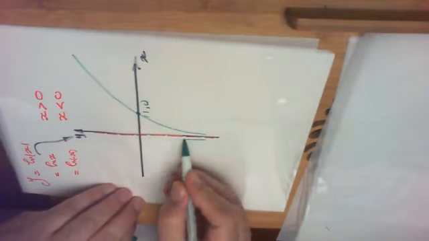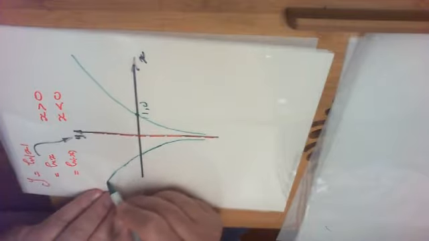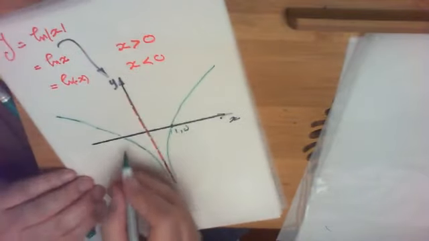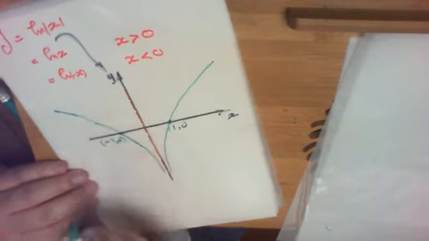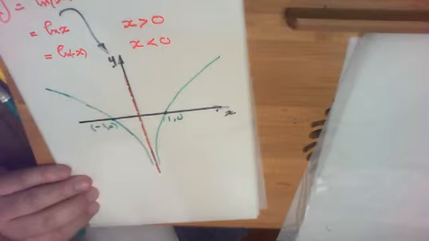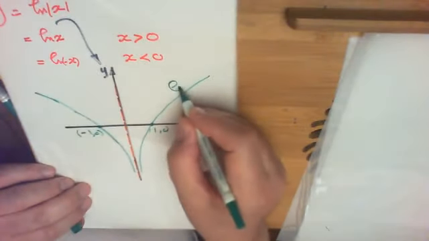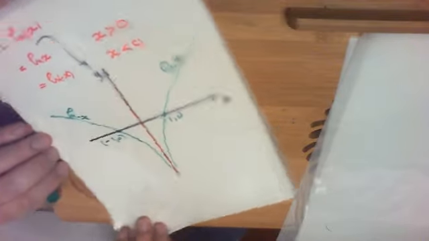For x less than 0, we have such a curve. This is minus 1, 0. To check, set x minus 1, minus 1 is 0. Okay, this is ln x and this is ln minus x.